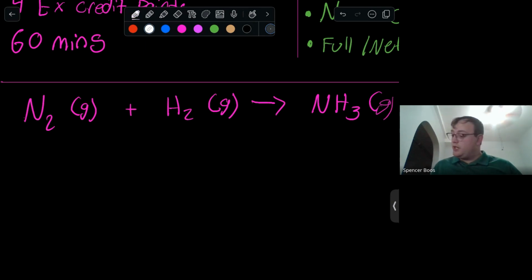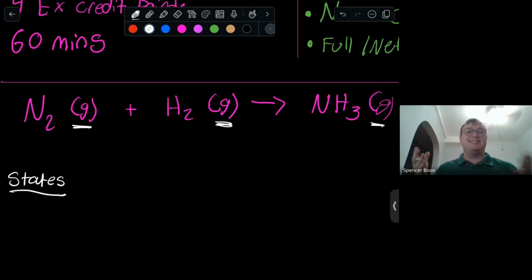As a reminder, all these g's mean these are the states, which when you're balancing things really doesn't matter. When I was first starting off, I always liked to make a chart and look at what is going to be happening. Some of you may be able to do this in your head, and if you can, that's great, but we'll start off here.